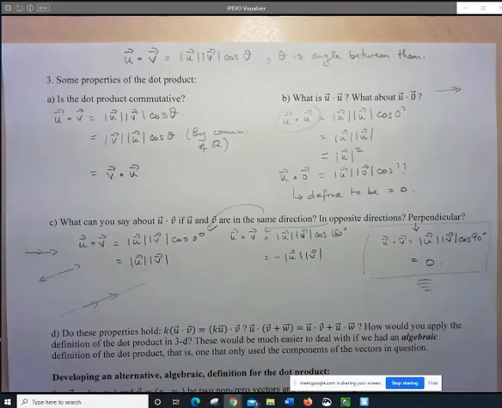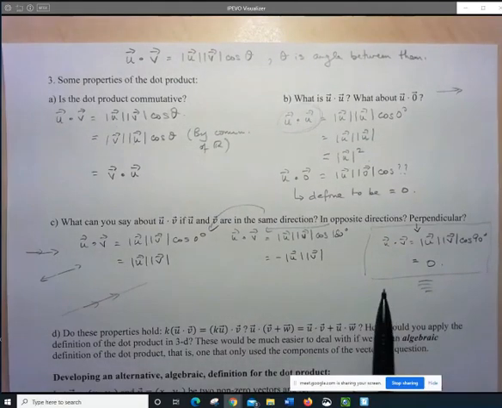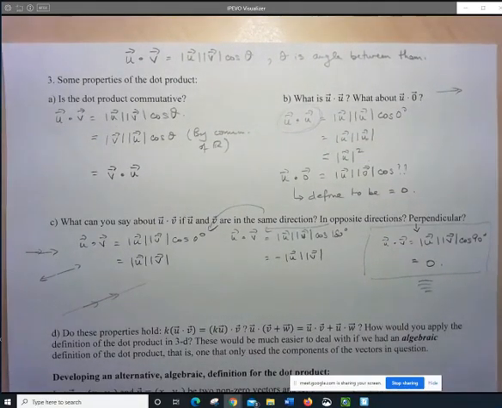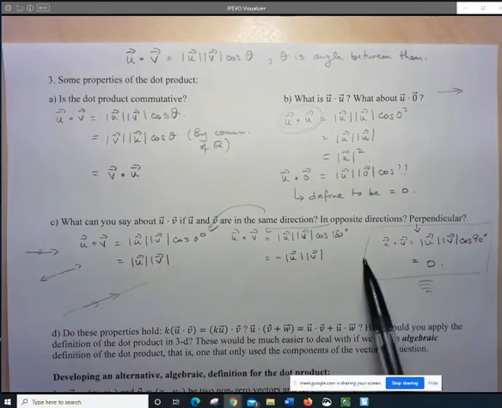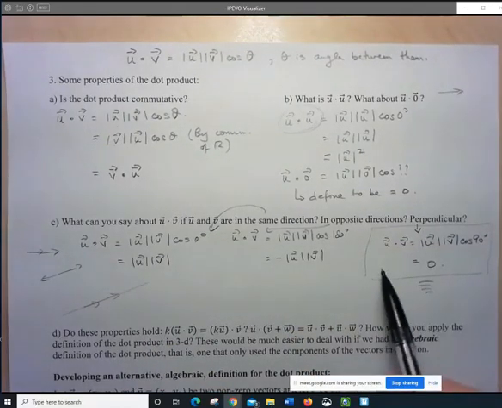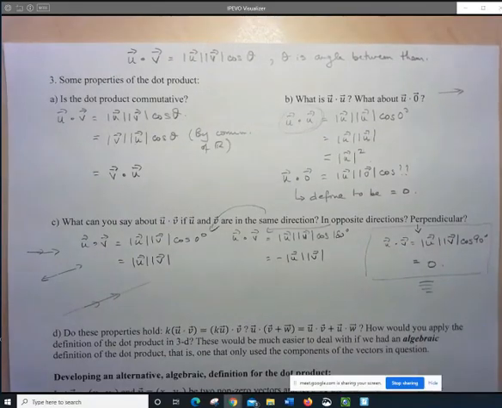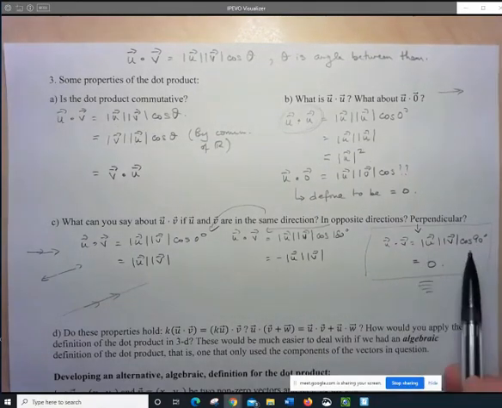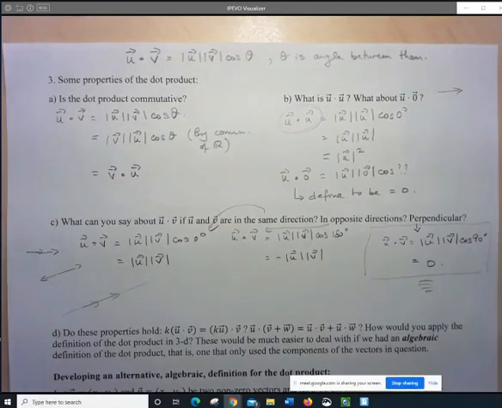Okay? So we're going to see why this is very important in just a little bit. Of all the properties that come up, this is the one that's going to be very useful for us coming up with all the other stuff we want to do with analytic geometry in 2D and 3D: the fact that two vectors that are perpendicular have a dot product of 0.